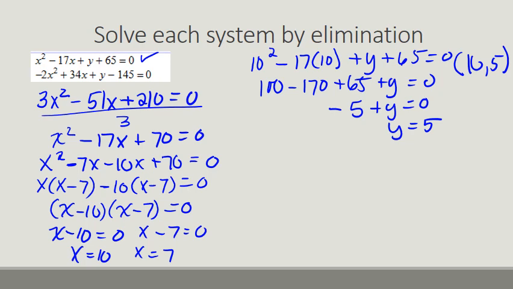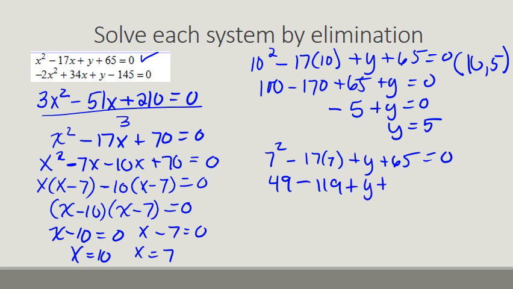Okay. And then for 7, I'm going to put 7 in. So 7 squared minus 17 times 7 plus y plus 65 equals 0. So 49 minus 119 plus y plus 65 equals 0.